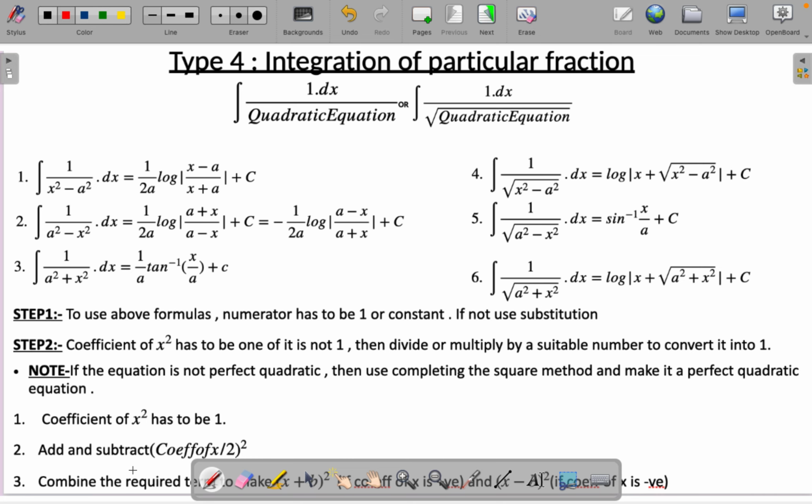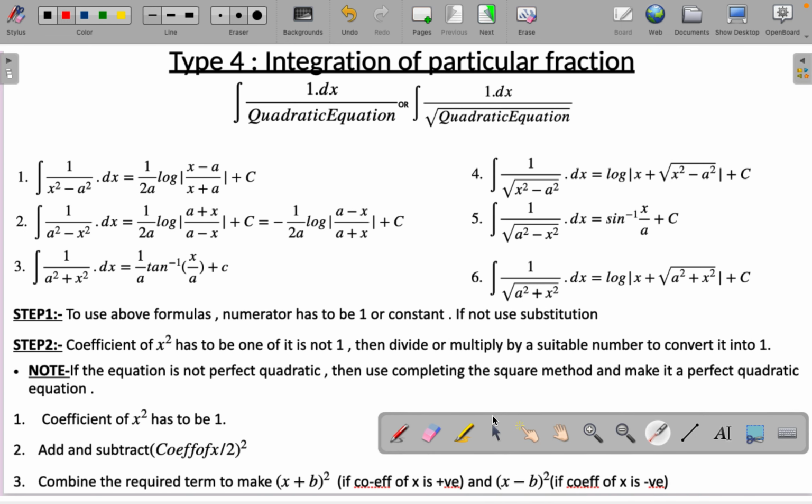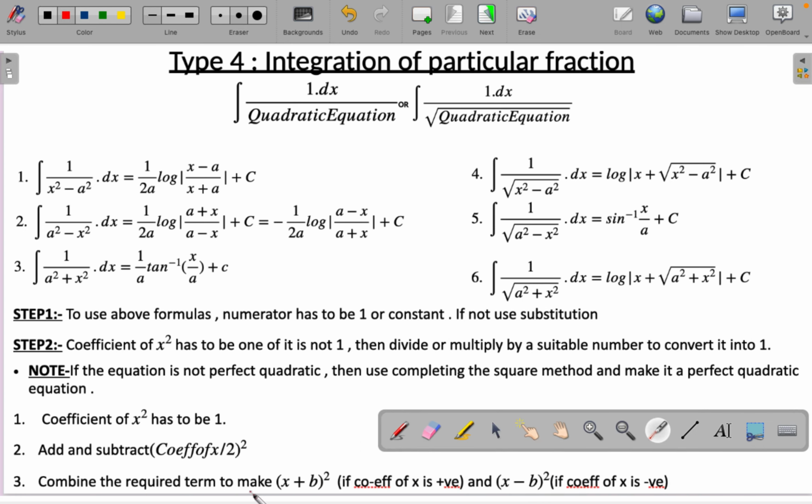You add and subtract (coefficient of x by 2) whole square, and then combine the required terms to make (x plus b) whole square if the coefficient of x is positive, and (x minus b) whole square if the coefficient of x is negative. These three steps will become clearer when we solve the exercise.